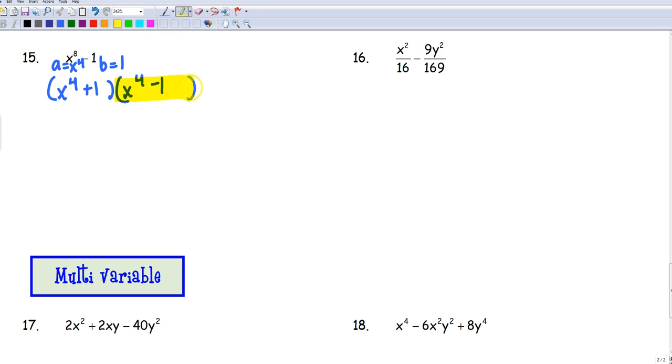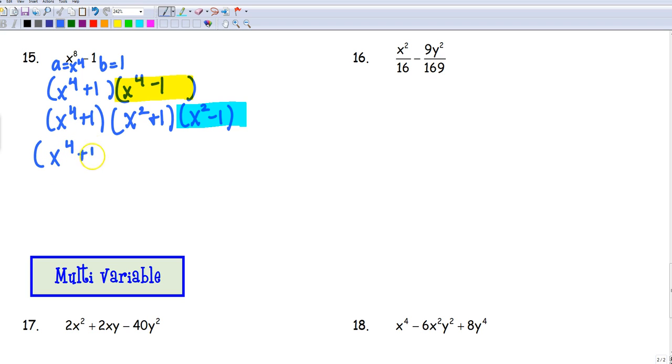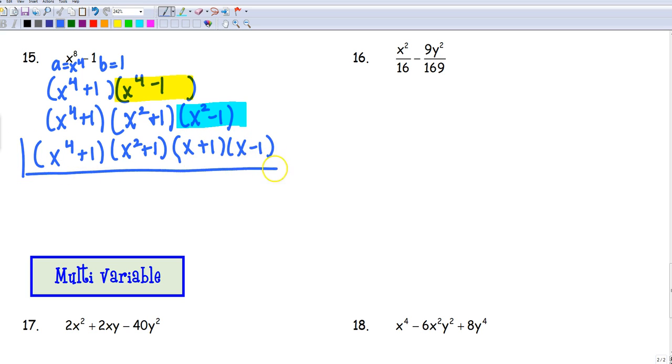But now this is still difference of squares. This becomes x squared plus 1, x squared minus 1. But now this is still difference of squares. So yes, you do need to do all of this. x plus 1, x minus 1. And this is our final factored form.